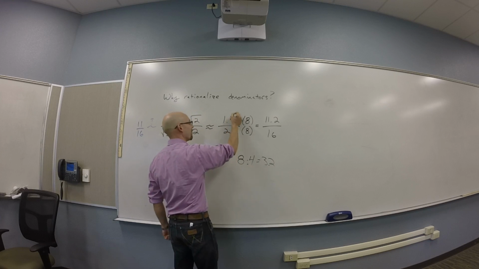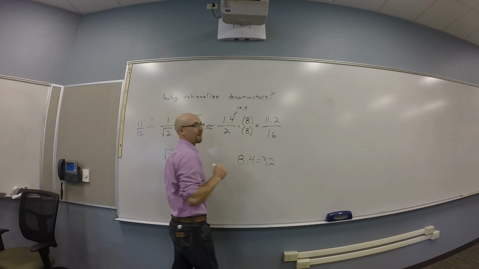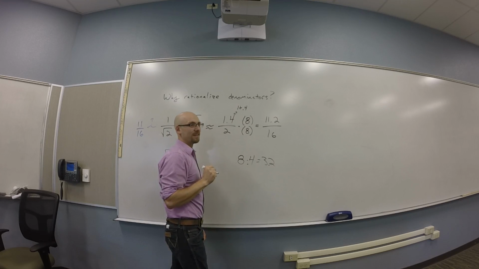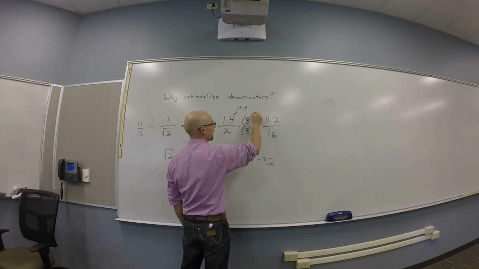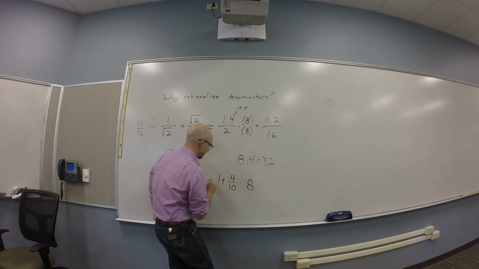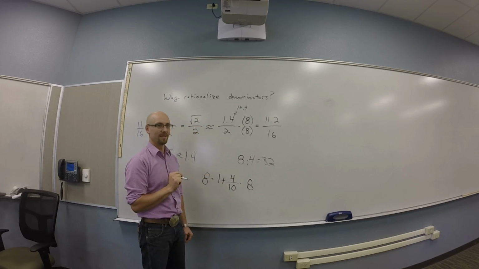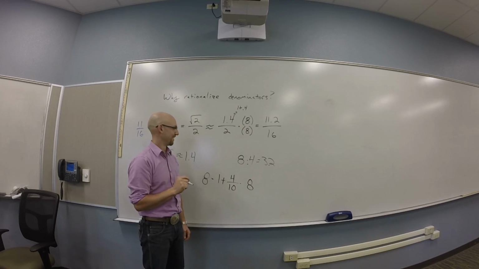Welcome to Common Core land. I did 1 plus 0.4, right? And so times 8, I thought to myself, 1 plus 4 over 10 times 8 is 8 times 1 plus 4 over 10 times 8. You're making this a lot more difficult than the first line. The first line you just showed me was a lot easier.